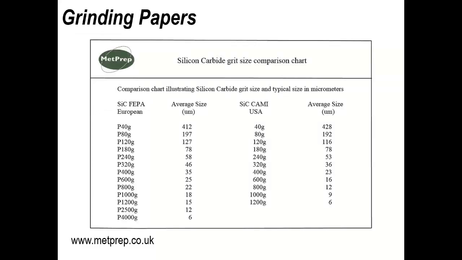So if you see this company, MetPrep, you can see here they've given you the average size of the grit, and also they've given you an indication of the number it relates to. So again, it gives you a feel for what you might be using for your samples. But typically, as I said, I'd start off at 400, maybe 320, and then go on from there. But certainly the 320, 400 would be taking off a lot of material from my section prior to going on to the next step.